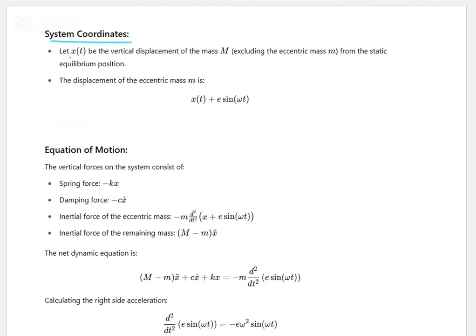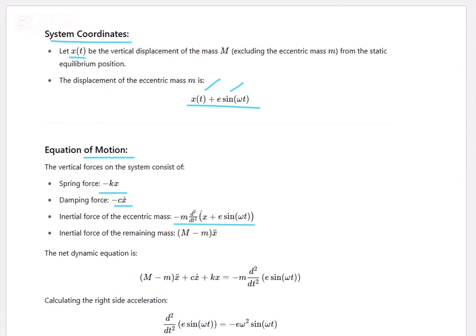Let x of t be the vertical displacement of the mass M, excluding the eccentric mass, from the static equilibrium position. The displacement of the eccentric mass is x of t plus e sine omega t. The equation of motion will include the spring force, damping force, and inertia force due to the eccentric mass.